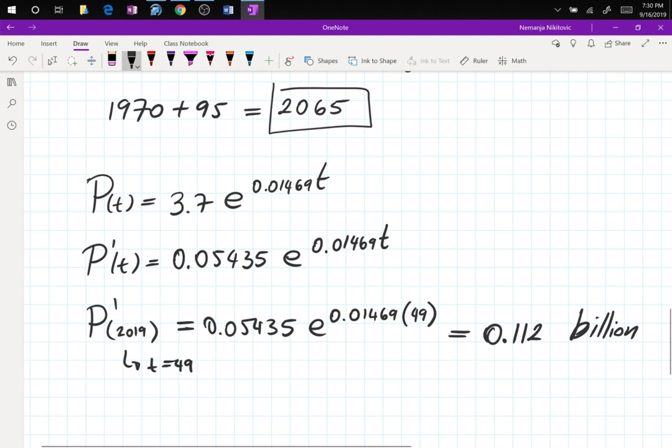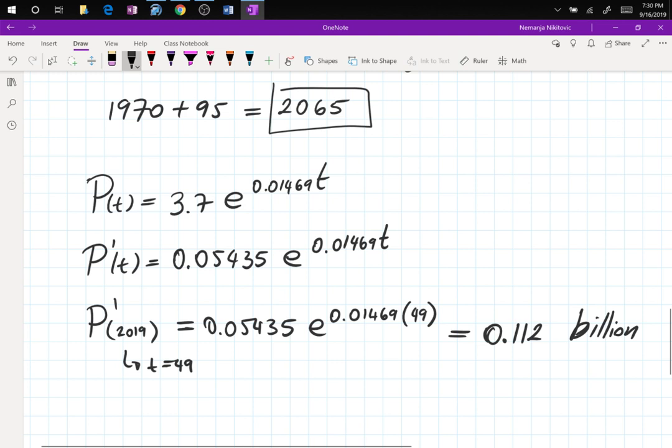If you want to know how many people were around, let's say, in the 90s, you are going to do the definite integral of the model for the 90s, and that's from 20 to 29. Because 70 plus 20 is 90, and you have the 10 years of the 90s.